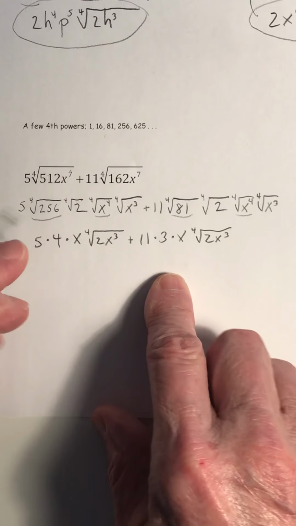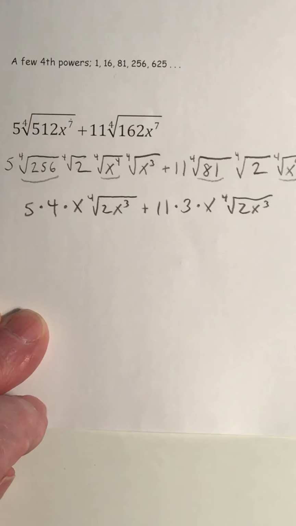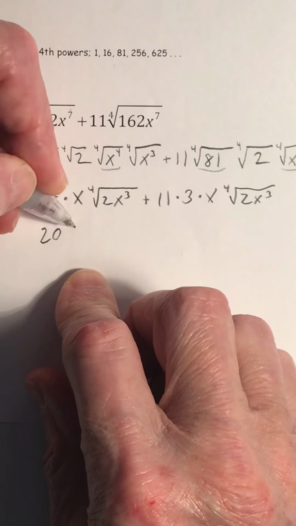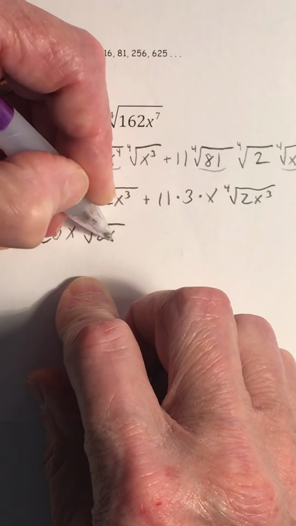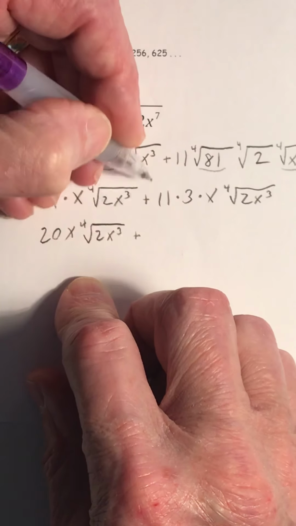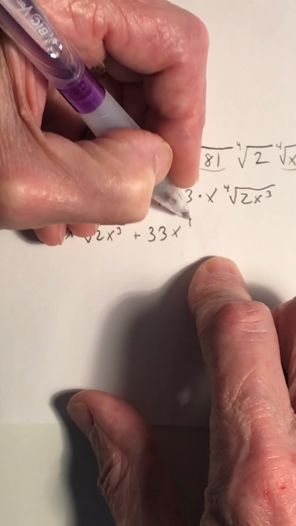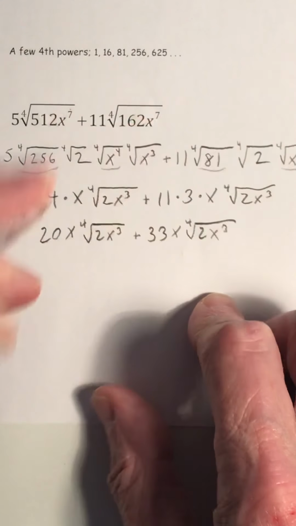And when we finish with the little multiplication step now, what do we got? 20x fourth root 2x cubed plus 33x fourth root 2x cubed. Oh boy.